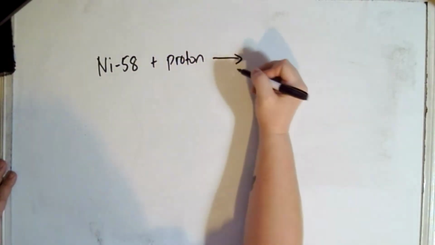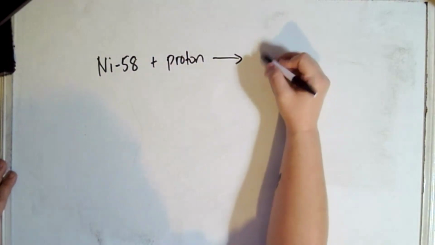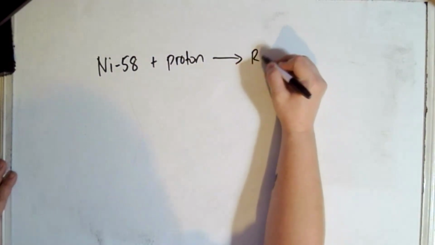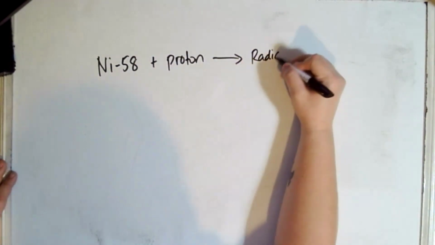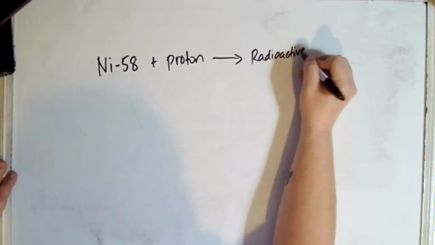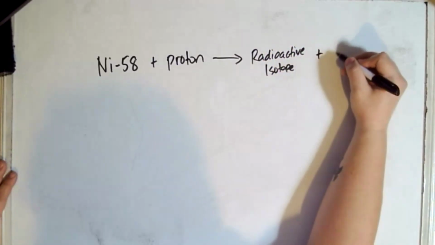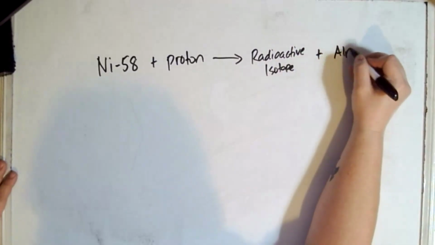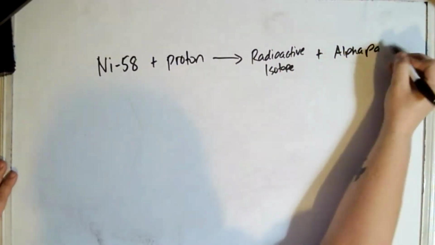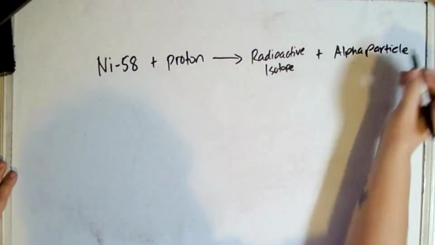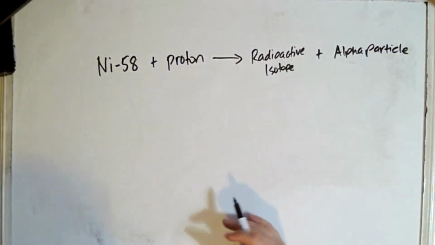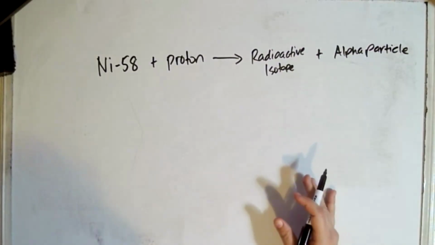And it's going to produce a radioactive isotope, this is going to be our mystery particle here. And it's going to produce an alpha particle. So that's the information that our question has just given us.